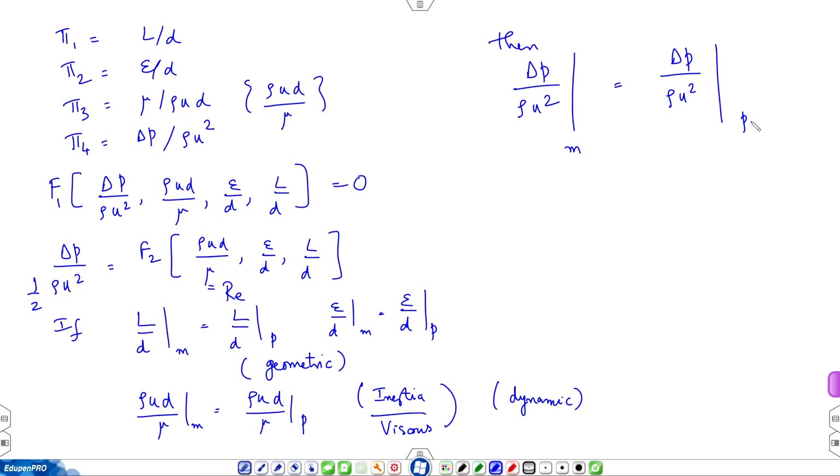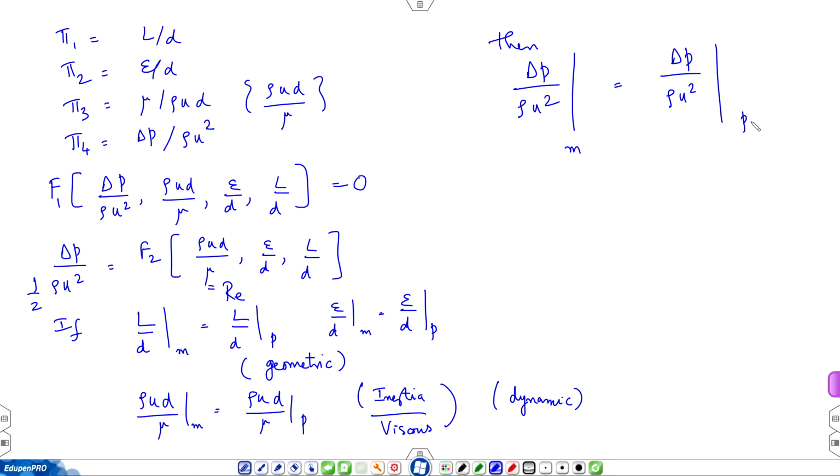Now, this relationship is still not in the form of Moody's diagram, but you may recall from our momentum equation and energy equation that we had done these calculations for flow through a tube. The geometry is flow through a tube. If you recall, we said delta p balanced viscous forces and there was a proportionality with respect to length.